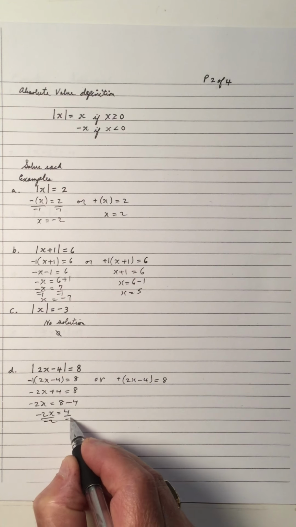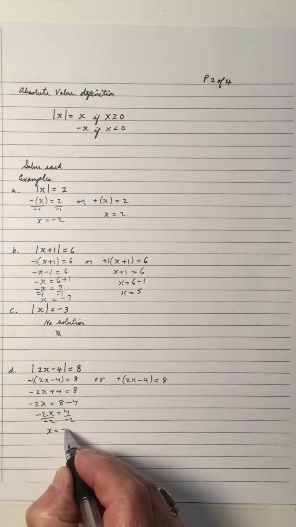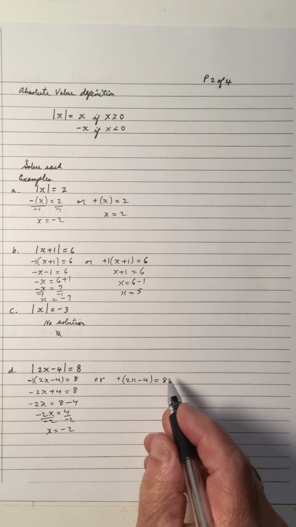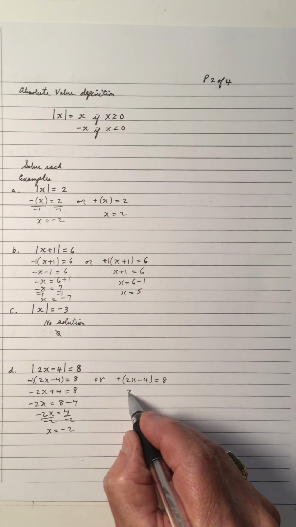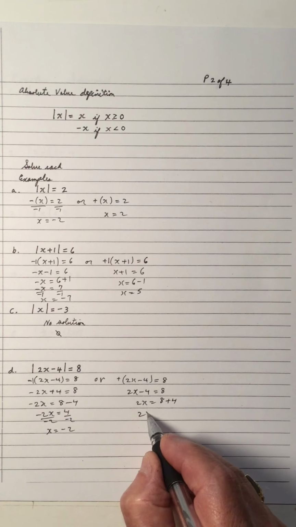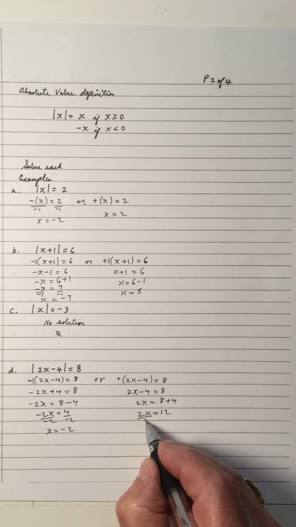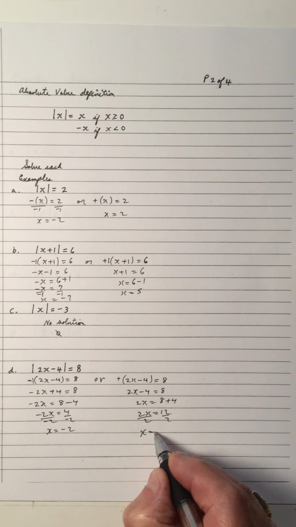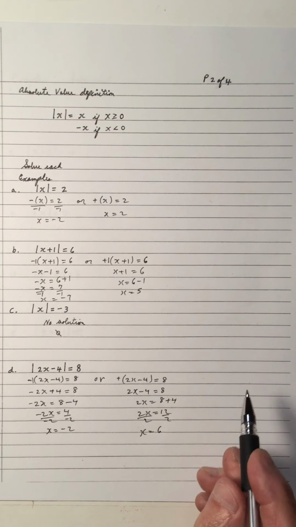Divide by -2. x equals -2. And the plus won't change it because you're multiplying by +1. So 2x equals 8 plus 4. 2x equals 12. Divide by 2. x equals 6.